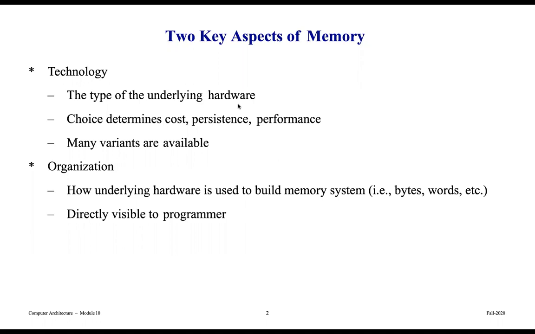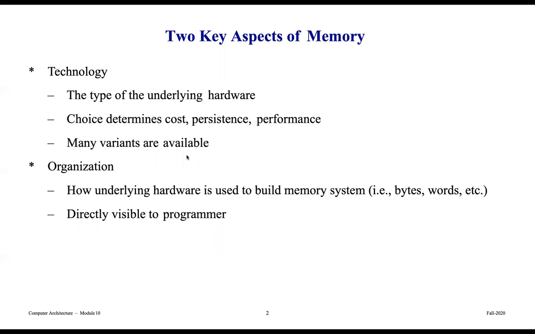So sometimes at a software or a higher abstraction, you may not think about that, but we're going to get into that a little bit here. The choice determines the cost, the persistence, and the performance. How much it costs, dollars, how long the data will actually persist in the memory, and what type of performance, how fast it is, and things like that.